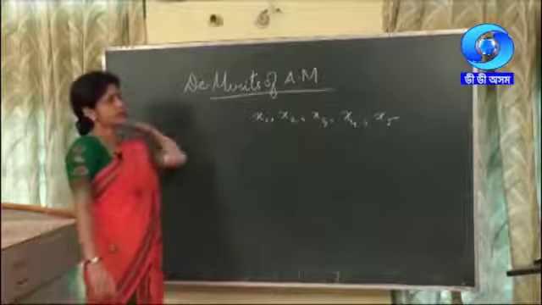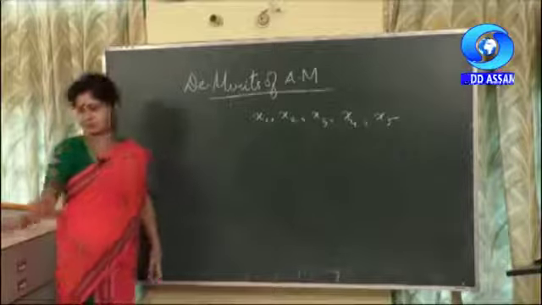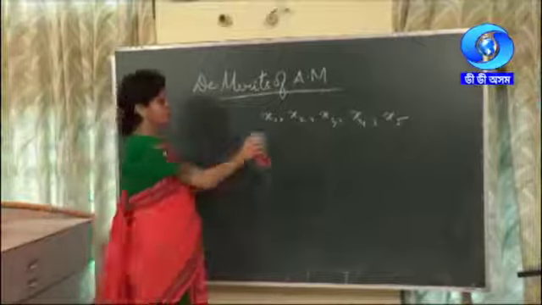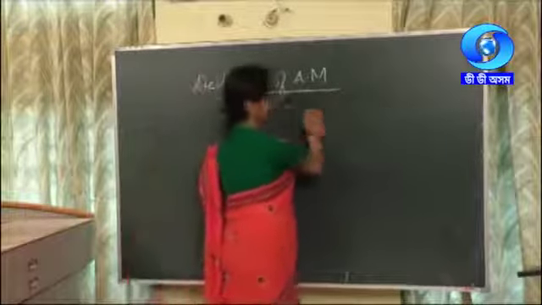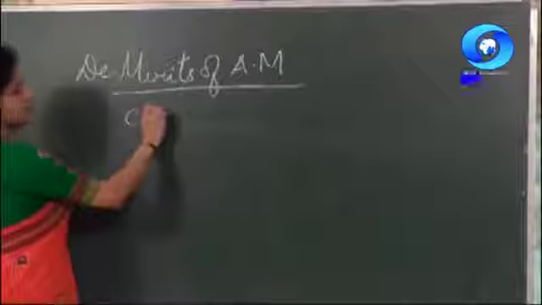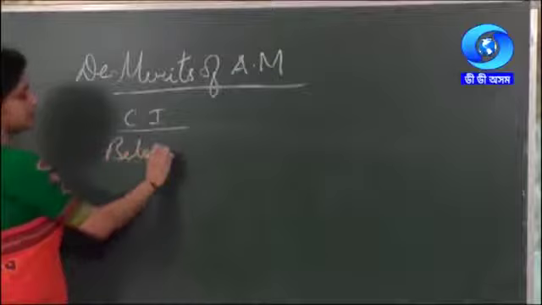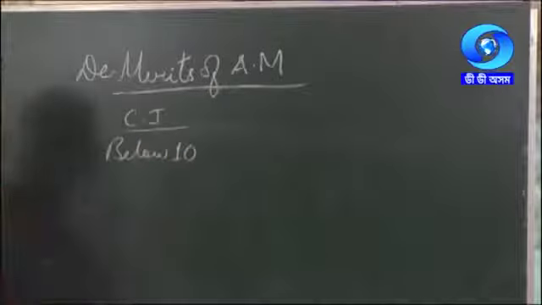The second demerit of arithmetic mean is such that we had talked about open-end classes that day. Open-end classes, I think you remember, when class intervals are of the form, say, below 10. All right?